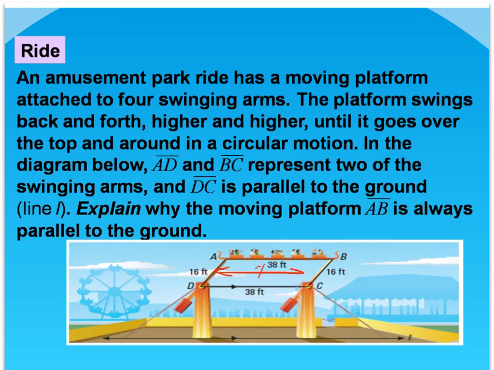So using a theorem that we just learned, again, I don't care about the number, we can say that this quadrilateral, ABCD, is in fact a parallelogram. Which tells us that, by definition, all parallelograms have parallel opposite sides. So side AB must be parallel to side DC, which must be parallel to the ground.